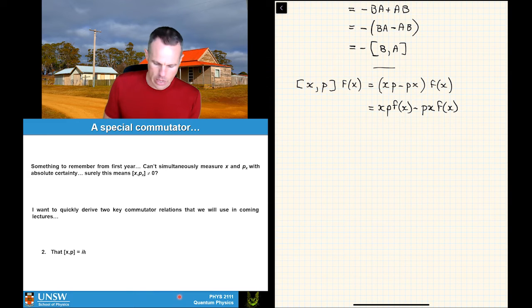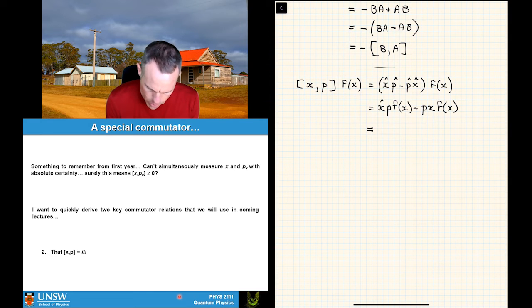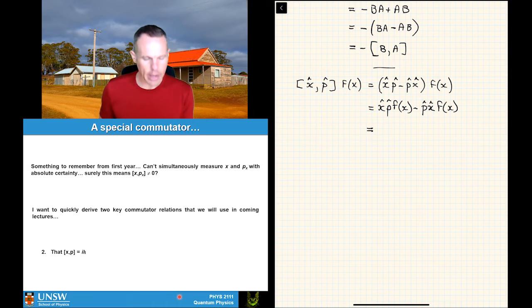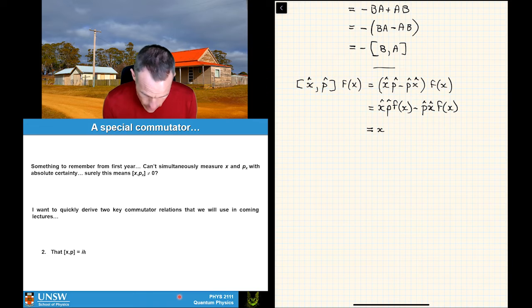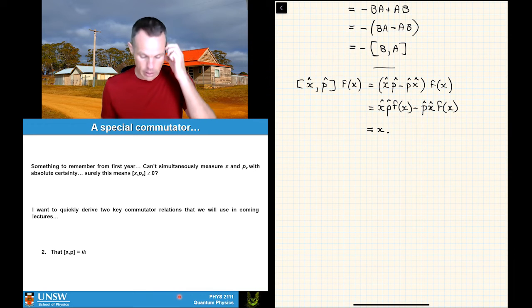Now what I would do in here is actually write what the operators are in their form. And so you remember from the last lecture, our operator, and so let me just be really specific in here and put hats on so we know what's operators and what's not operators, okay? And these two are operators as well. Okay, so our operator x, as we saw from the last lecture, just gives us a variable x. So this would be x here, and I'll put a dot because I want it to be clear that it's times.